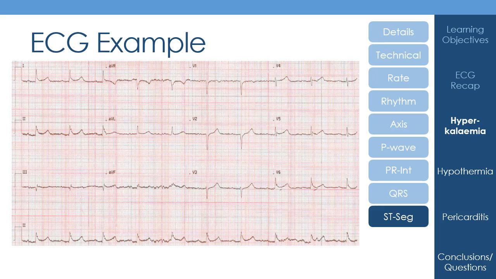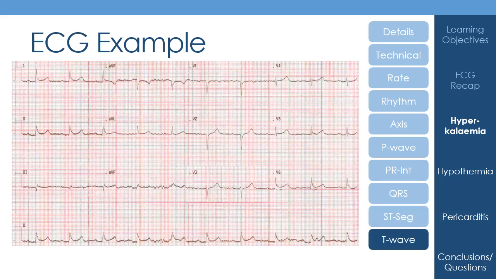And I think it'd be tempting to think that they're slightly raised, but I think if you look at that first complex in V6 where the ST segment does look raised, you'll notice that the reference point you're using is actually from lead V3 just before it switches over. And when you look at the ST segments in the other 2 complexes in V6, actually they're pretty isoelectric. So I don't think there's any real significant ST segment changes.